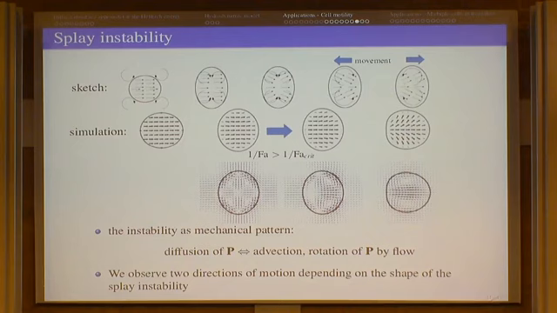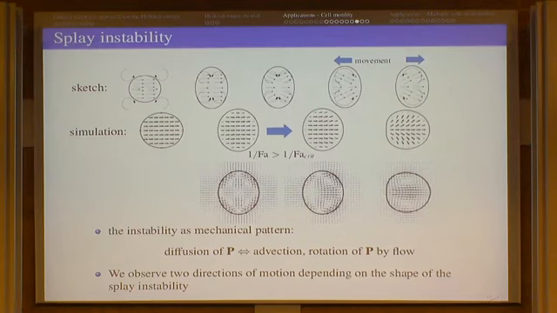But this instability only occurs if the active parameter reaches a certain value. So if the activity is strong enough, then the vortices are strong enough to incline these filaments and then produce this instability.